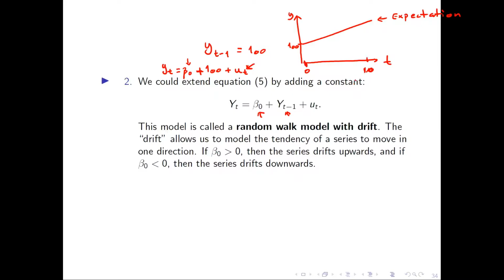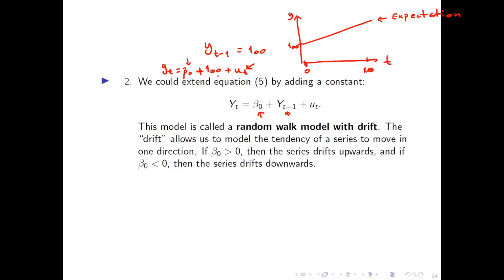Sorry, and in the previous model, you did not have this drift term, so in that model, you would just assume or expect a constant value, right?